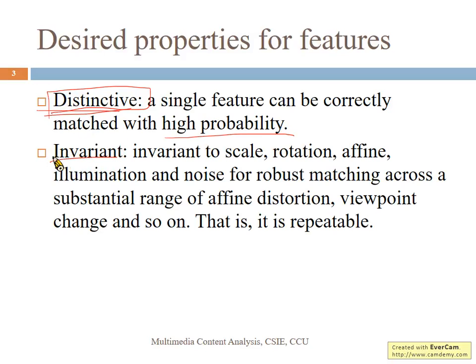The second desired property is invariance. The extracted key points should be invariant to scale, rotation, affine transformation, illumination, and noise, for robust matching across a substantial range of affine distortion, viewpoint change, and so on. That is, they should be repeatable.